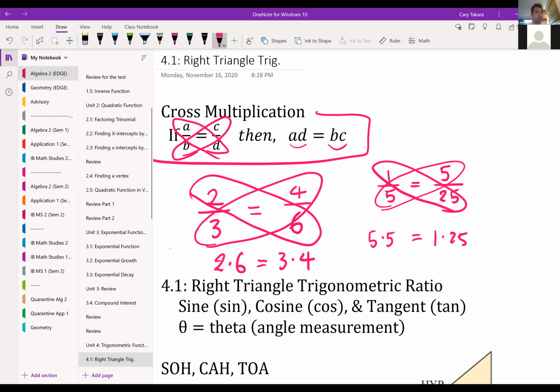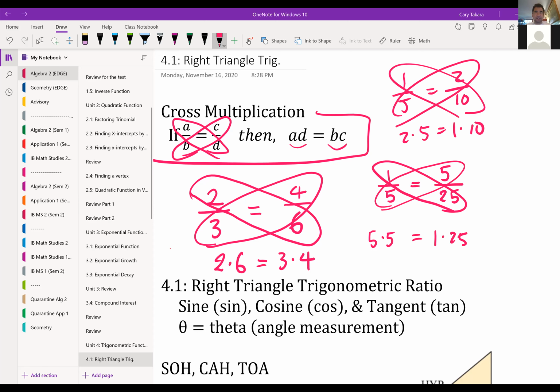It is, isn't it? 25 equals 25. Or if it's 2/10, is 2 times 5 equal to 1 times 10? Yeah, it is, right? They're equal. Again, this is not a proof. It's just a case study of cross multiplication, but it works, right?